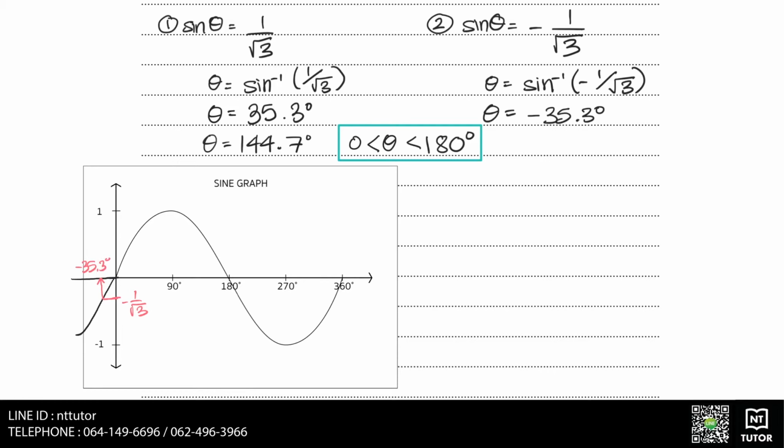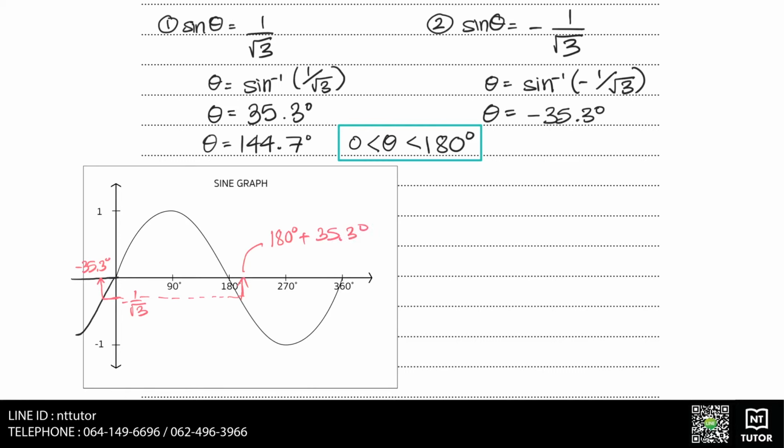And then if we draw another straight line in the positive x direction, it should hit the graph again at the point over here, which should be 35.3 degrees from 180 to the right. So therefore that angle equals 180 degrees plus 35.3 degrees.